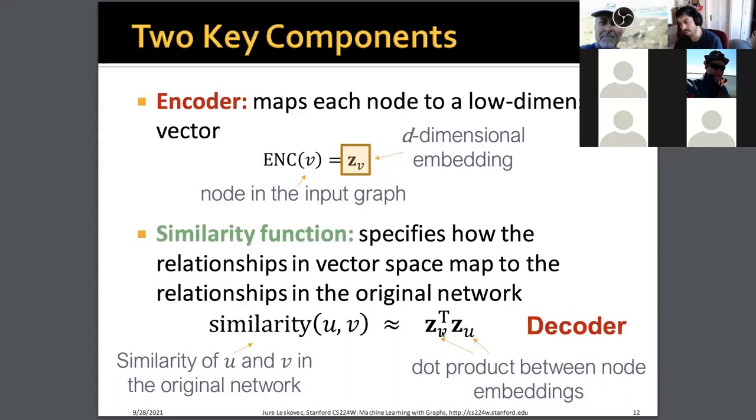We want the decoder to match together with this similarity value, and we'll learn what these similarities can be. Typically, if U and V are similar, we want them to have a higher score. And if they're dissimilar, if they're not in close places in the graph, or if they're different for whatever reason, then we want that value to show up lower.